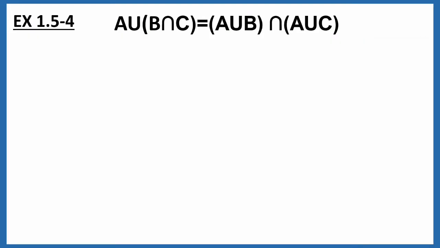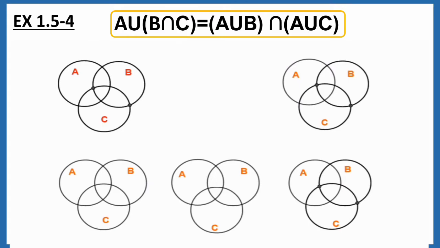Second property, exercise 1.5, fourth sum. First draw the 5 diagrams like this. The 3 circles indicate the 3 sets A, B and C. Left side, B intersection C. First mark the intersection points, then shade the region.